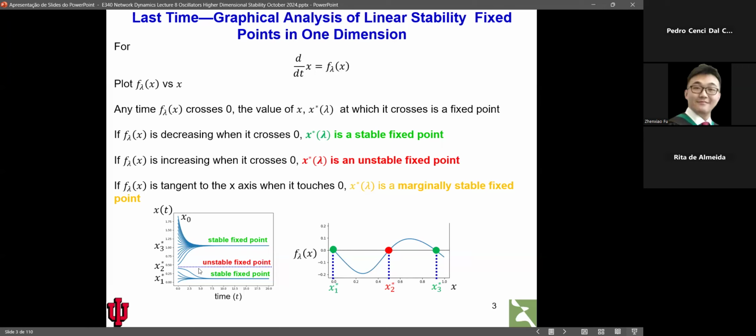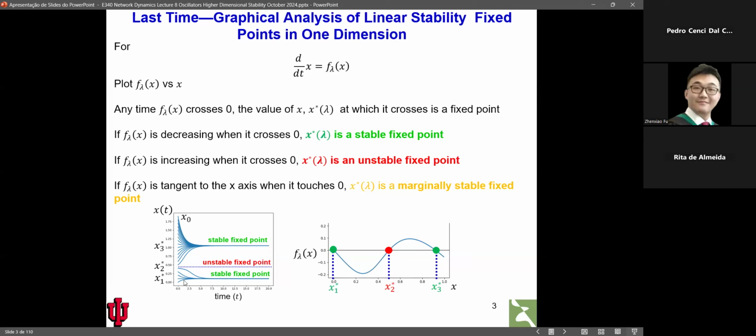It's going to flee from there, and if it's going to another stable fixed point. So you see that what happens to the value of x2, which is the unstable fixed point, is that it separates the region of values of x that will direct any trajectory starting from a point above the unstable fixed point towards the stable one, x3, and if it's below, it will evolve towards x1.